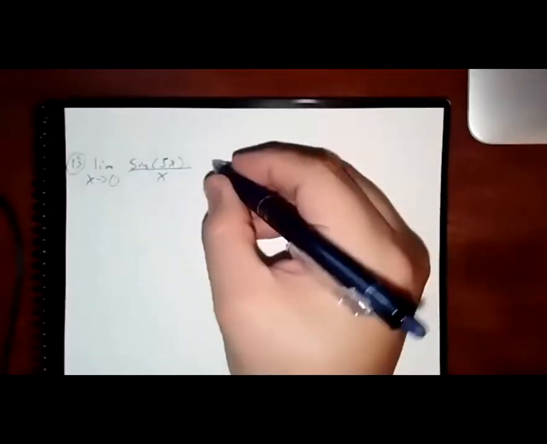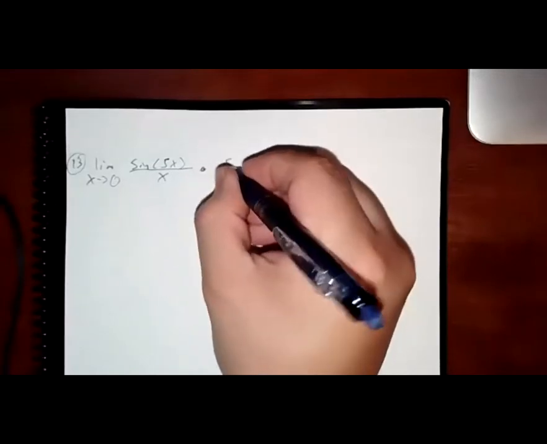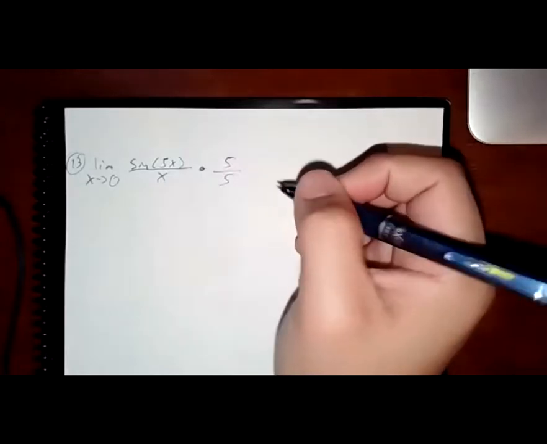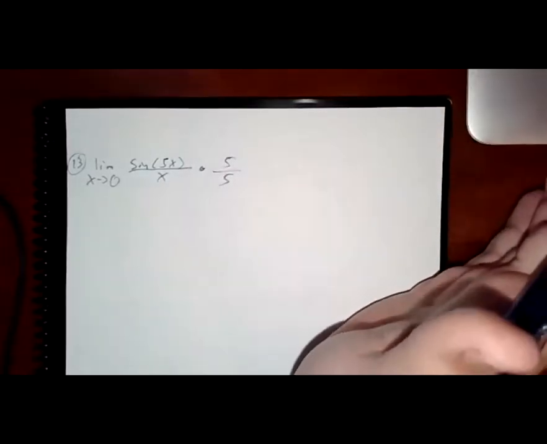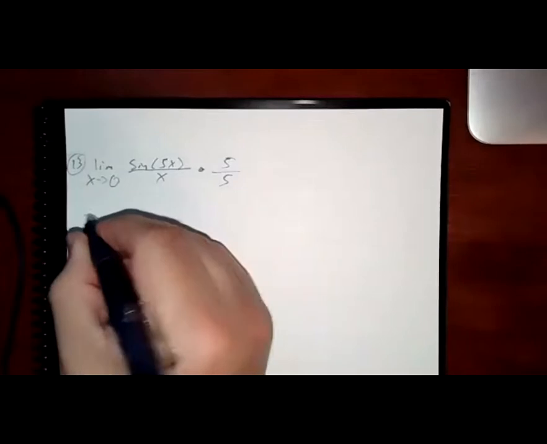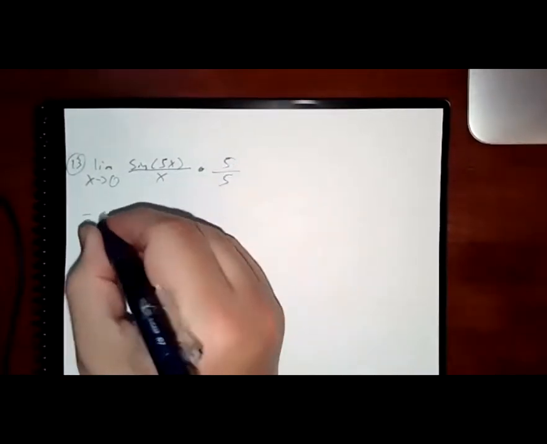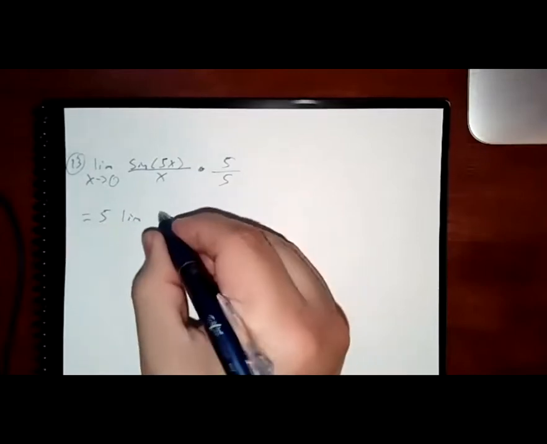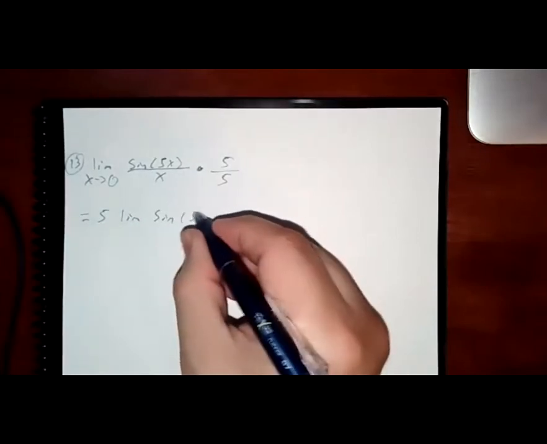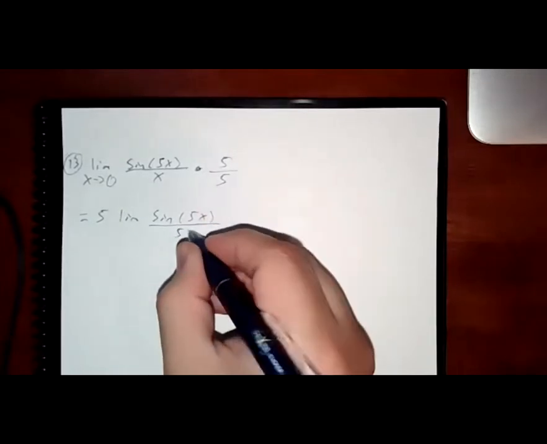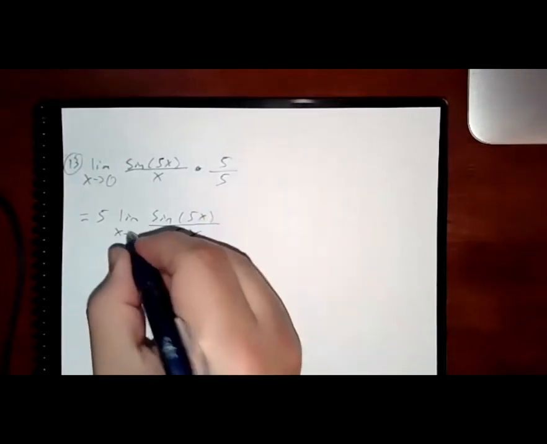All right, so all we need is to put a 5 on the bottom. In order to do so, we just multiply the top and bottom by 5, because that's the same as multiplying by 1. So I'm not introducing anything new, right? Then you just take that 5 on top and put it in front. The property of limits lets you pull numbers out. Then we'll leave 5 times x down here and just take our limit.